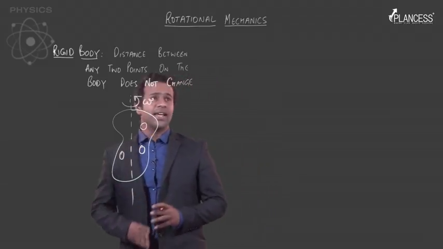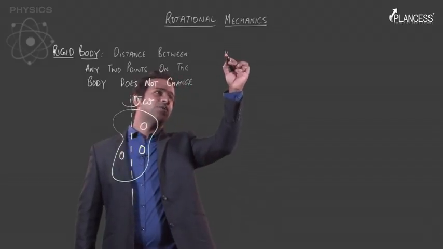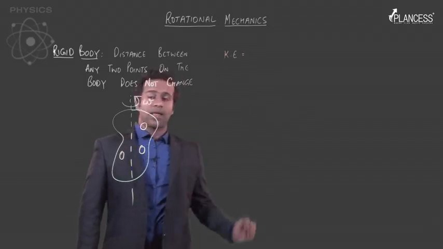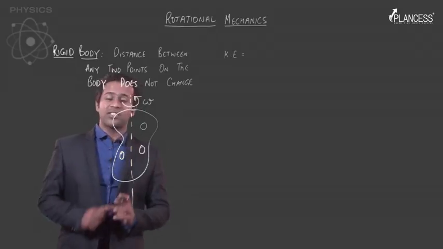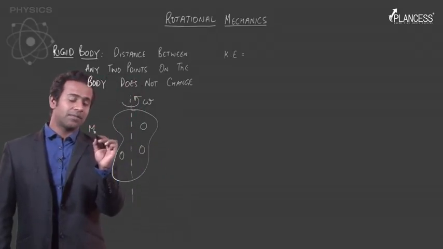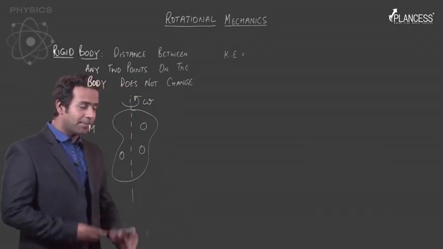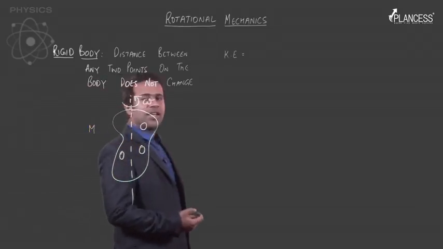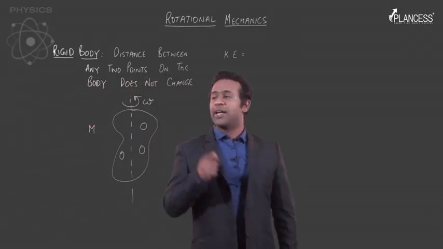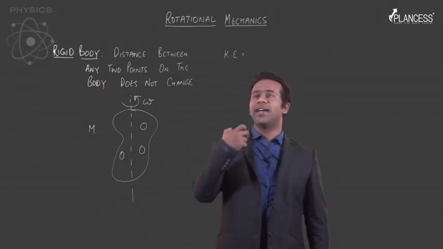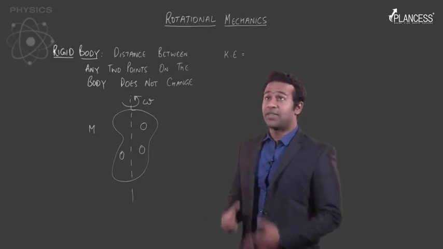We wish to find the kinetic energy of this body. So, given is the situation that there is a rigid body of mass m spinning about an axis with a constant angular speed omega, and we wish to write the kinetic energy.